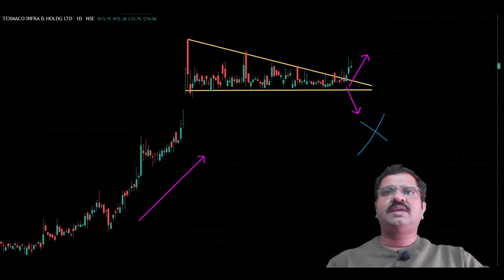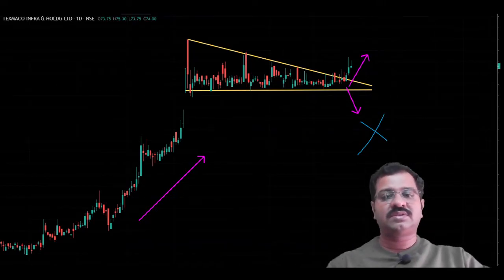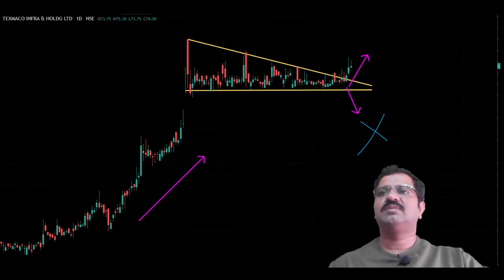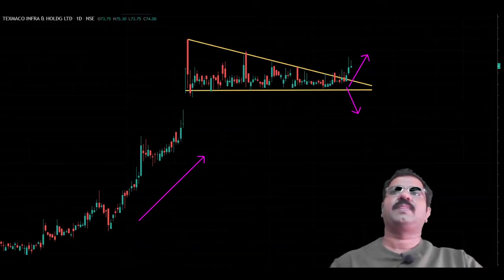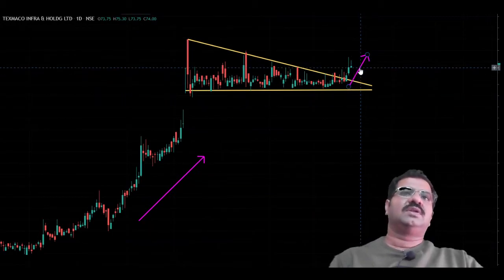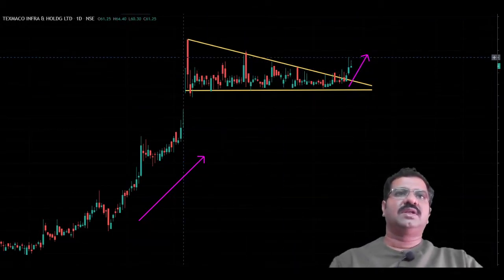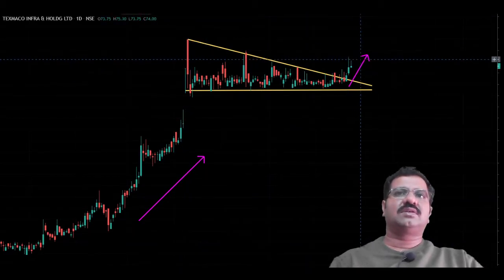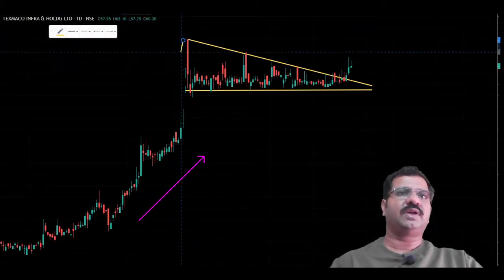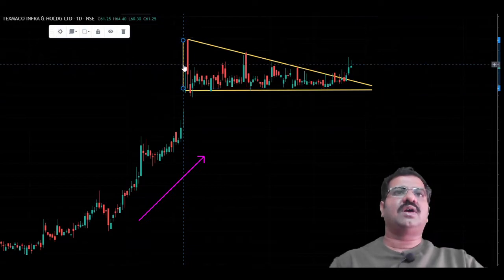Okay. And what is the advantage of this type of breakout trading? Here, I'll just remove something. See, this is a tight consolidation. Still, this is our target, so it is very well defined from this point till this point.